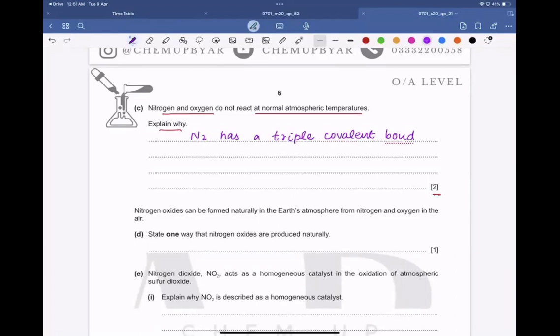Yes, Banin, due to high activation energy and a strong triple covalent bond. So that would be the more appropriate answer. Nitrogen has a triple covalent bond and high energy is needed to break the bond.